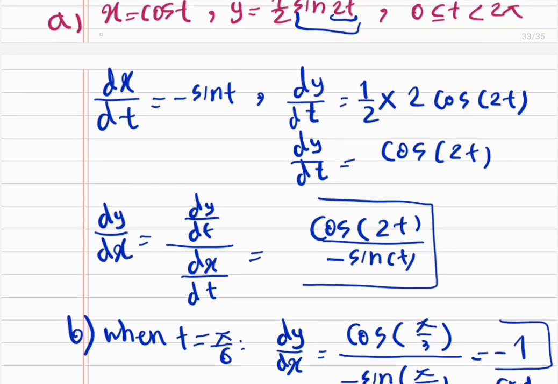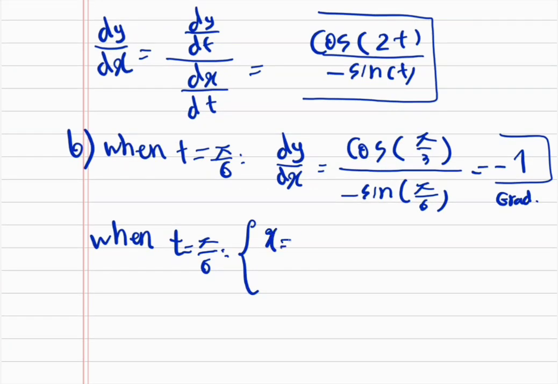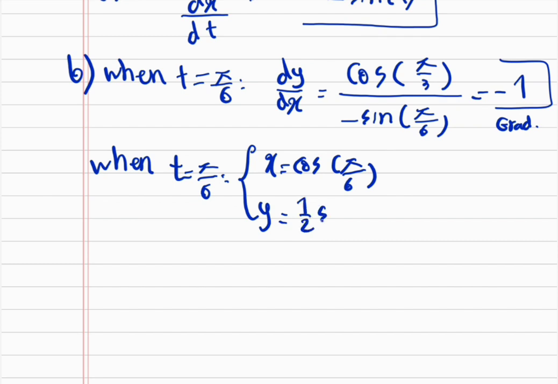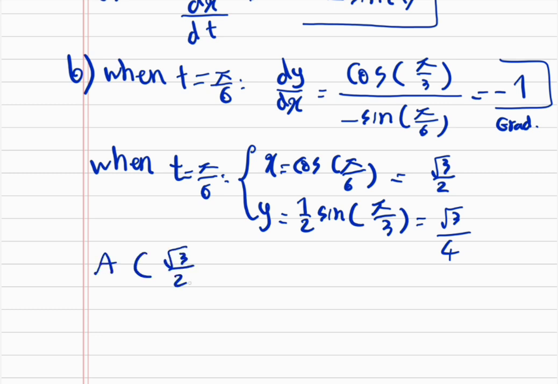So first, x is cos t, so x is equal to cos of pi over 6, and the similar approach for y, which is half sine 2t, so half sine of pi over 3. We get root 3 over 2 for x, and for y we get root 3 over 4. So these are the coordinates of point A, root 3 over 2, root 3 over 4, and the gradient, as we found earlier, is just minus 1.